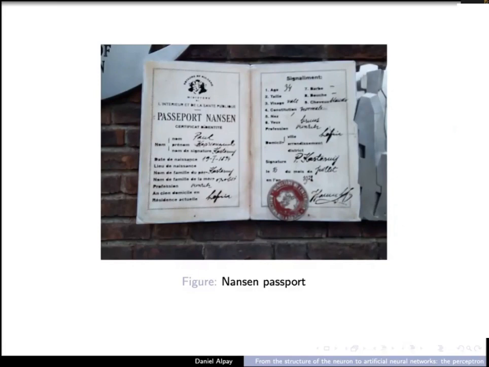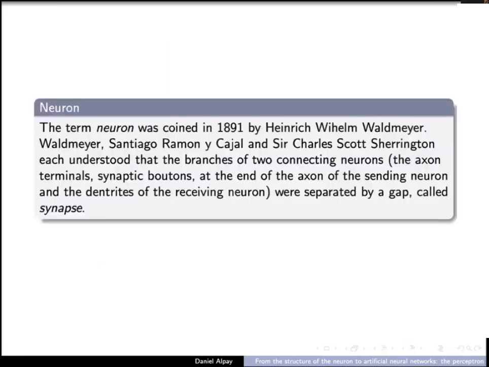Okay, so one more remark: the term neuron was coined by Waldeyer in 1891, and there are a lot of names. Here I mentioned Waldeyer, Cajal, and Sherrington about understanding that these are not connected together.